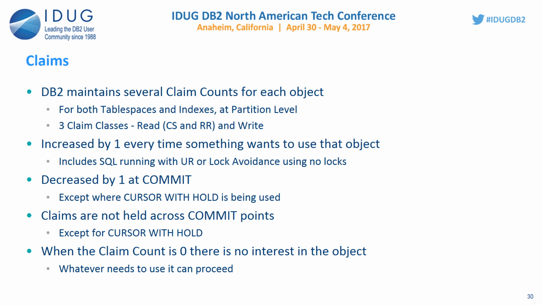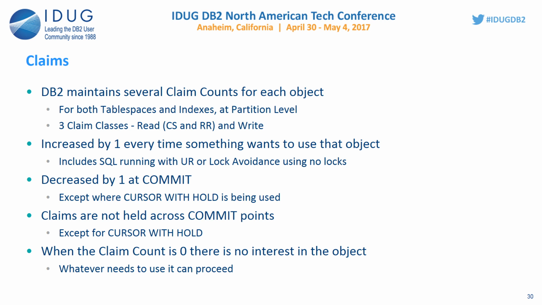And it doesn't want to have to read 1 million pages in the object. Right? So it maintains a thing called a claim count. Effectively it's how many applications or programs are using that object at any one time. All right? Now there are 3 claim counts maintained for each tablespace and indexes at the partition level.